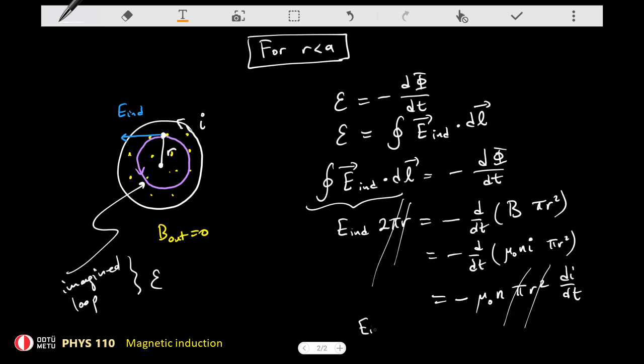So therefore we find the induced electric field to be equal to minus mu0 n divided by 2 di over dt multiplied with r.